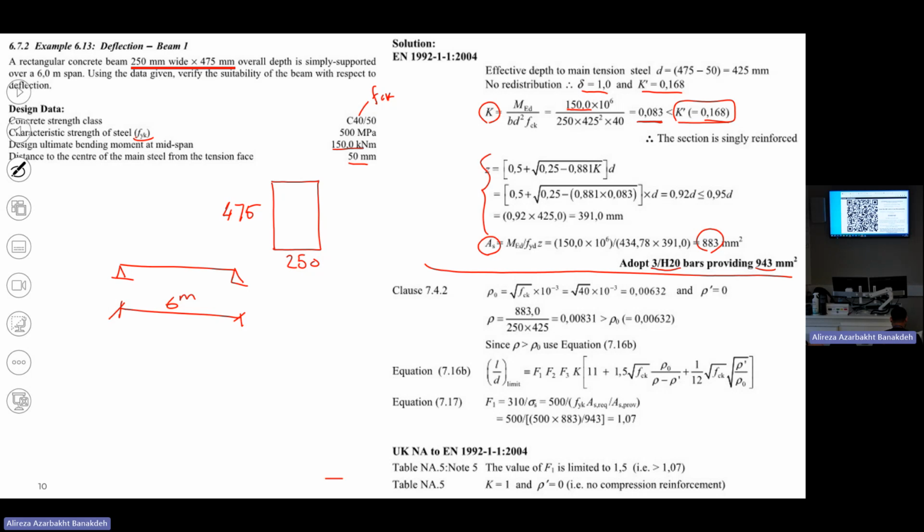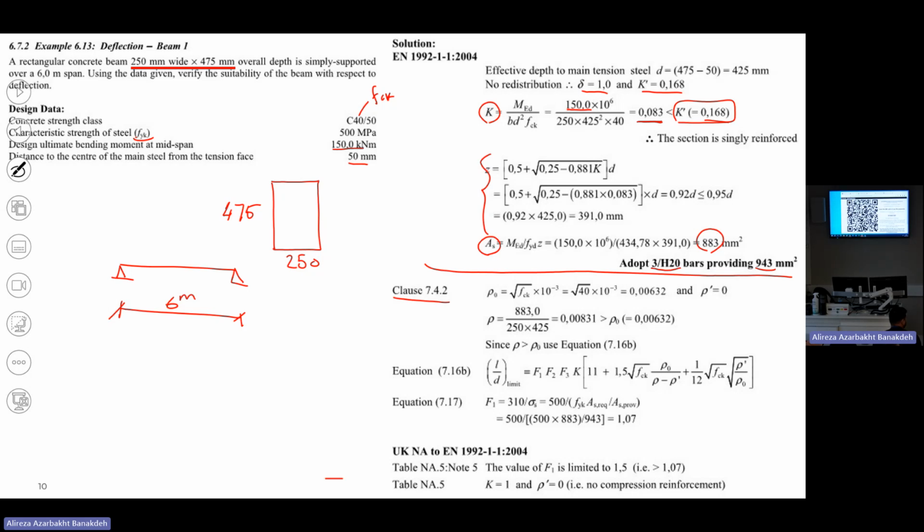this part is new. This part is from clause 7.4.2 of the Eurocode, which talks about deformations. You want your 942 to be larger than the 883, but as close as possible, because it saves material.